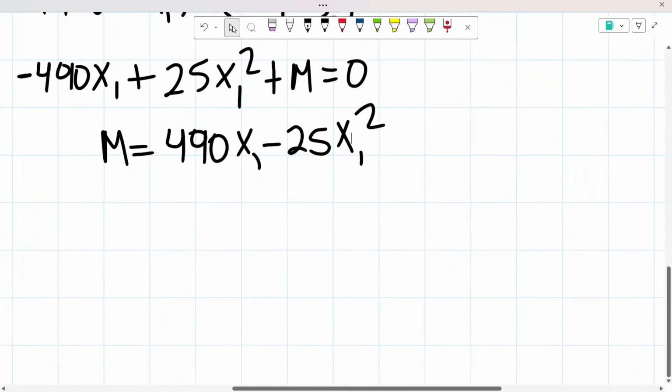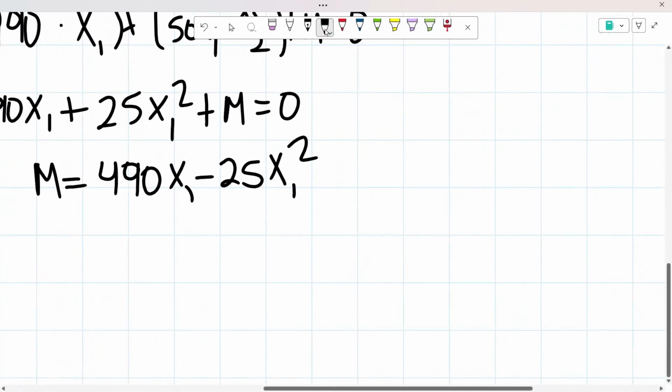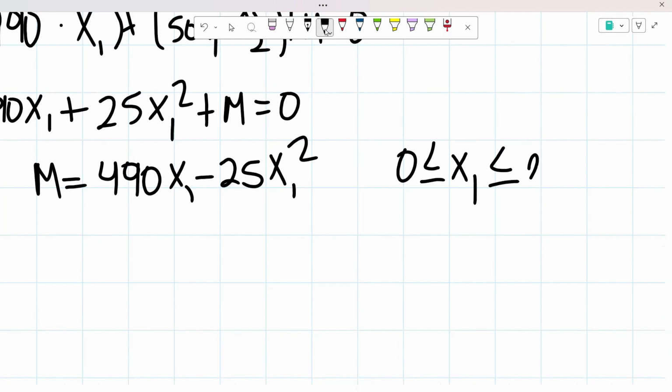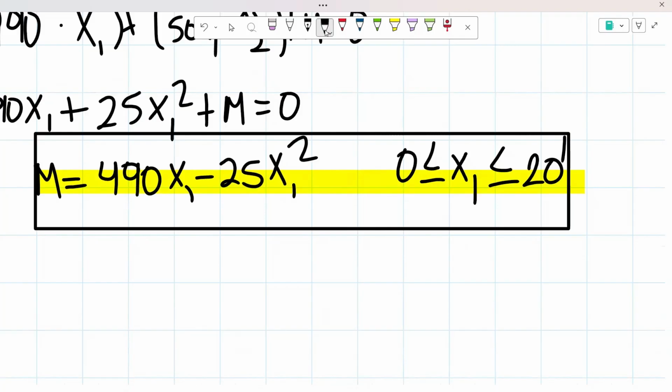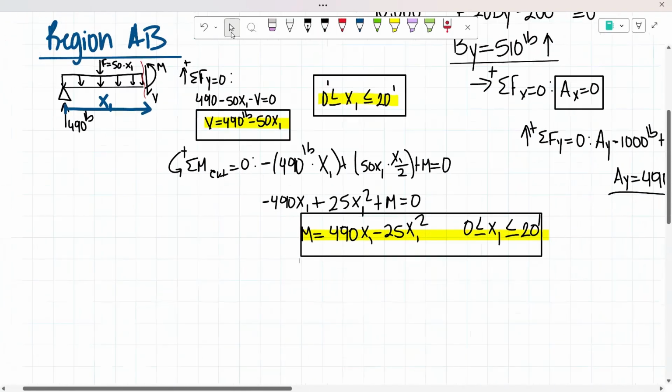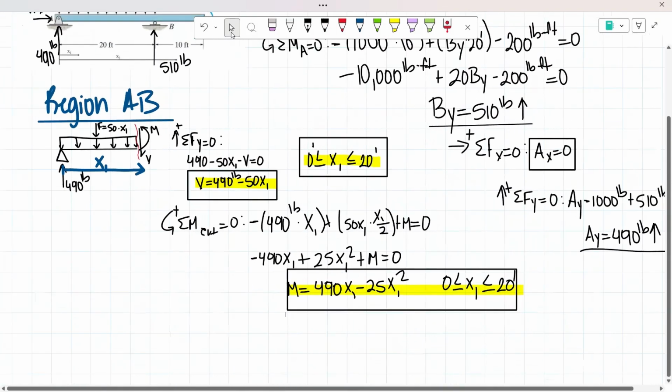And we know that this is valid. Meanwhile, once again, our x1 is within the limits of 0 and 20 feet. So with that, we are done with region AB.